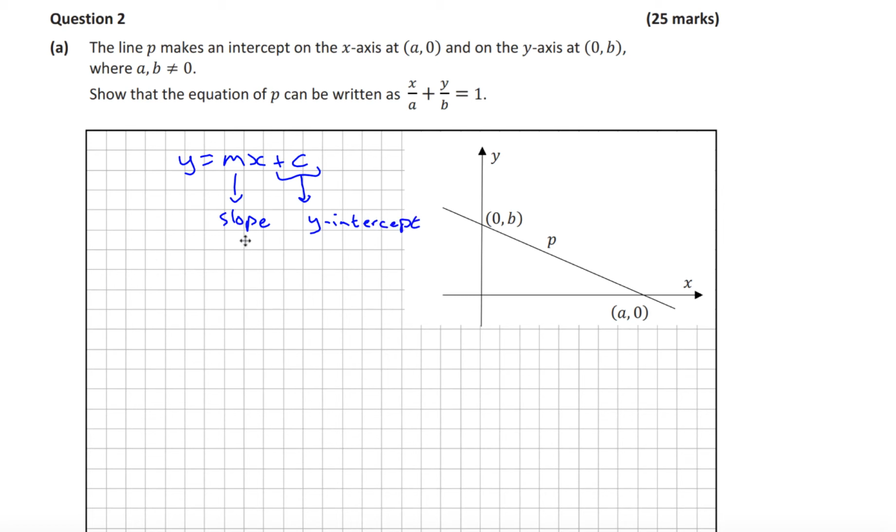Okay. So the slope, remember, is rise over run. In this diagram, if we take this triangle that's already formed, this would be our rise, and then this length here would be our run.